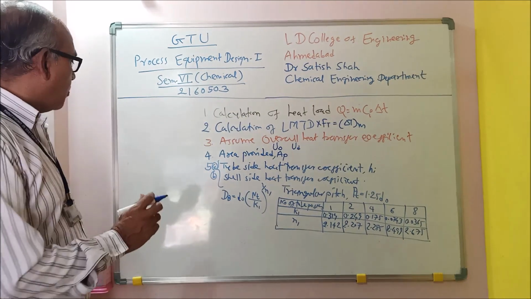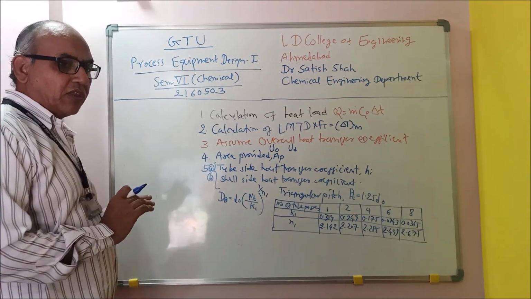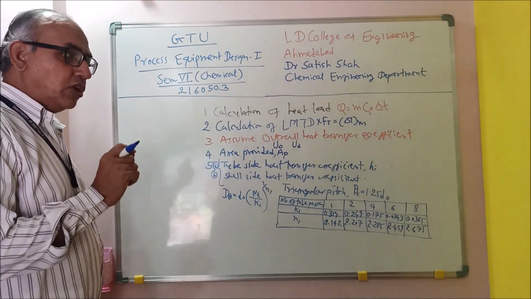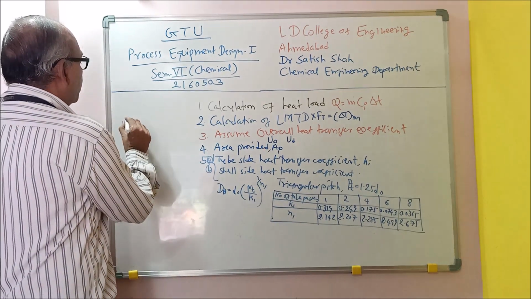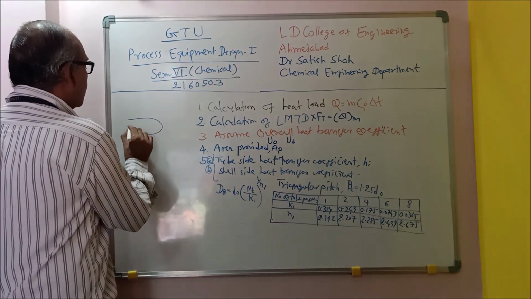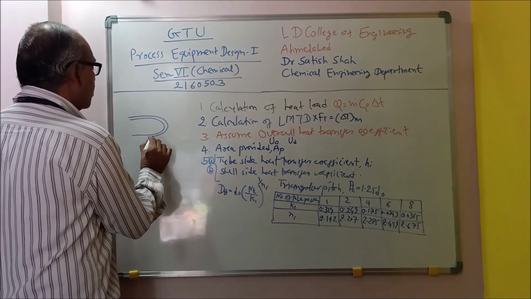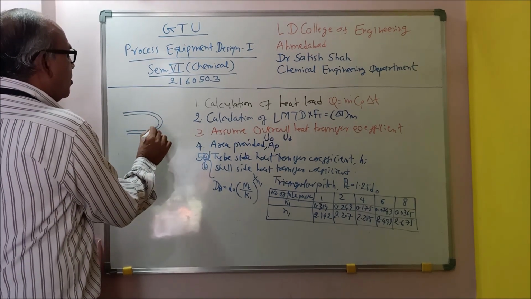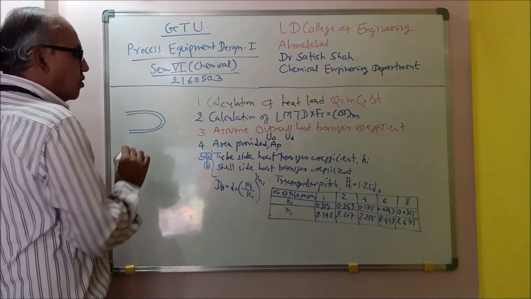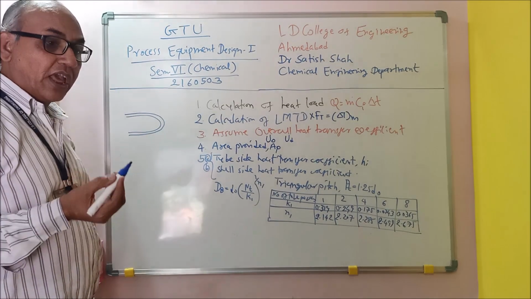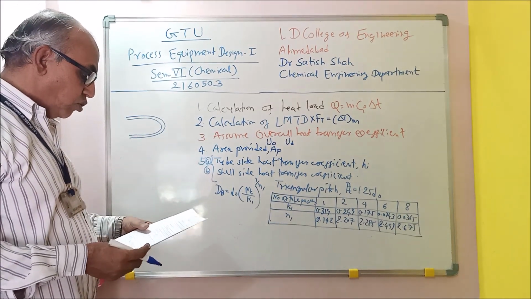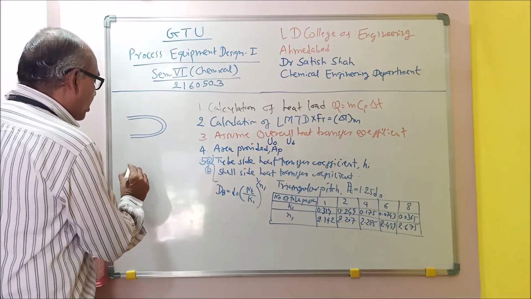When I am using 2 pass, I am putting just the pass partition plate. But when I am using U-tube, the shape of the tube will be something like this. Because of the limitation of manufacturing practice, I need more diameter. So in case of U-tube, my formula will be slightly different.